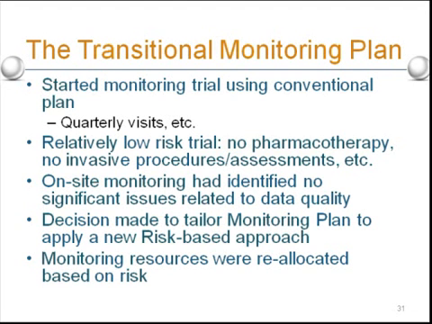As I said before, we had other trials being conducted concurrently. We felt confident in this trial. It was about midway through the trial. The lead investigator was very in touch with the sites, and at that point we made the decision to tailor the plan a little bit more and apply a new risk-based approach, where we looked at where we'd come from and where the trial was going, and then allocated our resources based on that risk.